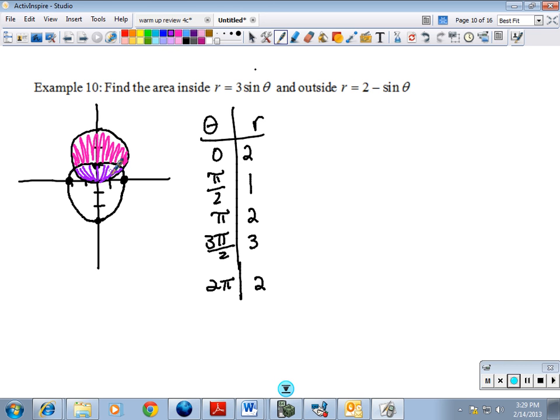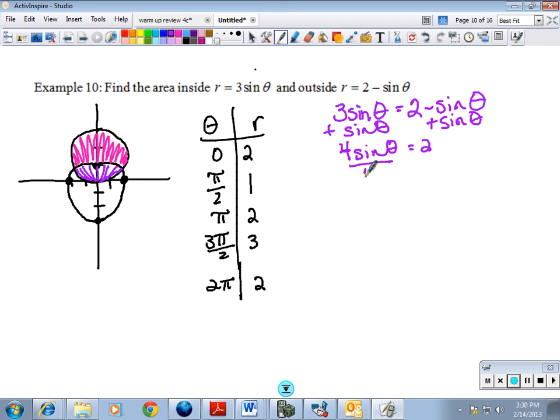So the first thing I need to do is find out where they cross. To find out where they cross, I set them equal. Get all my sines on one side. So 4 sine of theta equals 2, so sine of theta is 1/2.